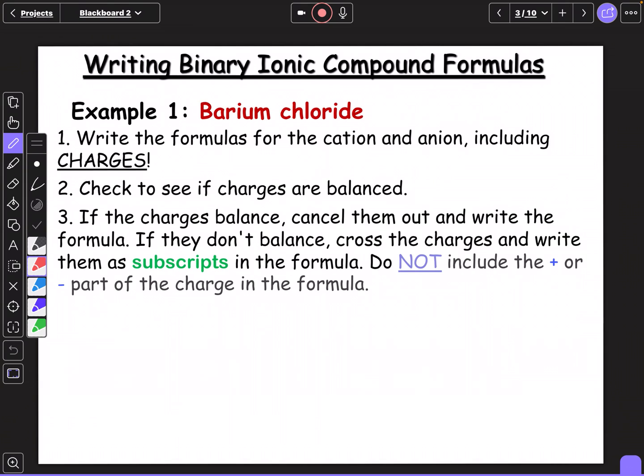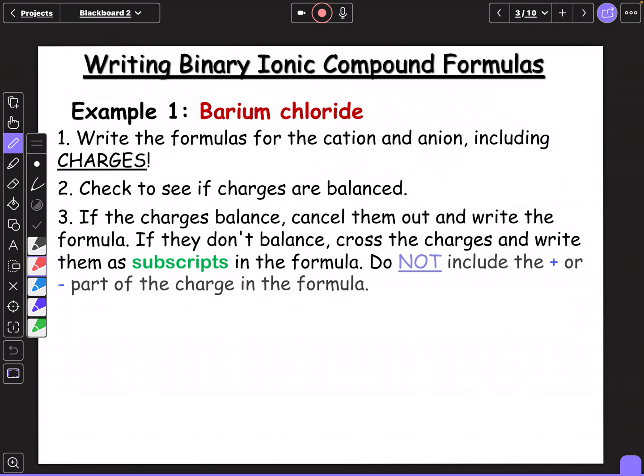Now, before we come back to that, let's look at writing binary ionic compound formulas. The other day we talked about how to write them starting with ions, but now what if we're given the name and want to write the formula? You can write the formulas for the cation and the anion, including the charges.